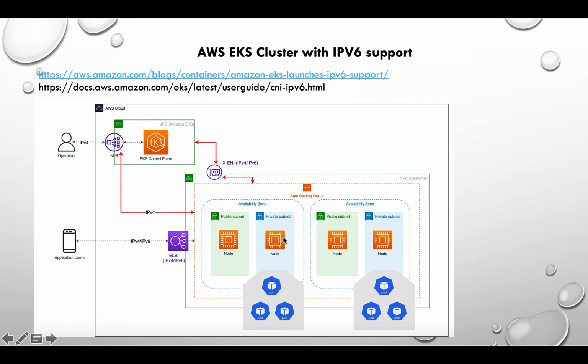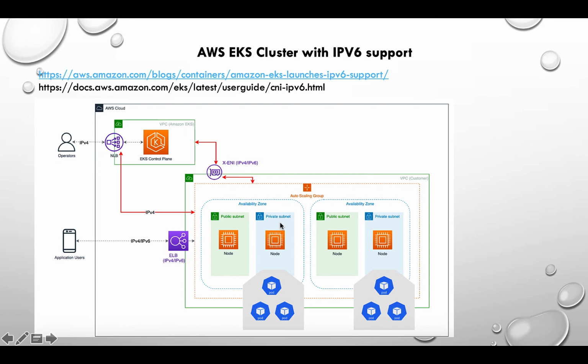When you deploy a cluster with IPv6, your node will still be IPv4, but the pods and services, like the overlay network, which is a CNI plugin, support v6. In that case, your pod and service will all have a v6 IP address.